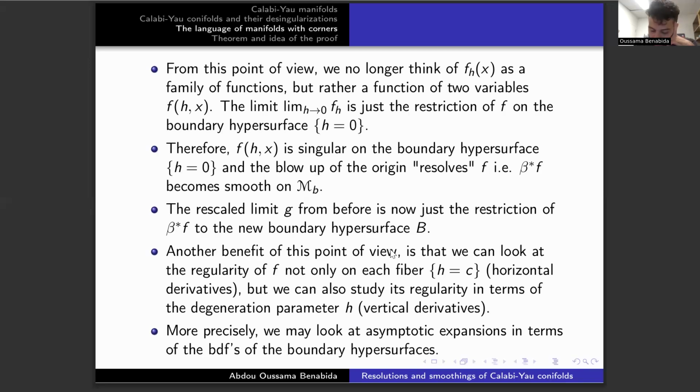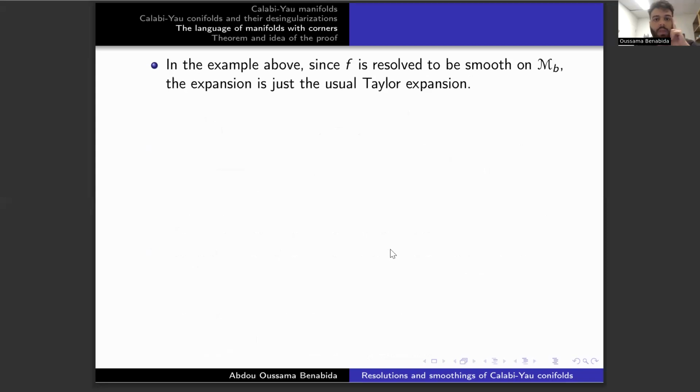And in particular, we can look at asymptotic expansions in terms of these boundary defining functions. So in the example that we mentioned, F is resolved to be smooth on MB, on the blown up space, and therefore it has an asymptotic expansion near each boundary hypersurface, just given by the Taylor expansion, because it's just smooth.